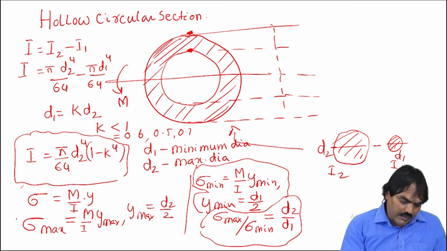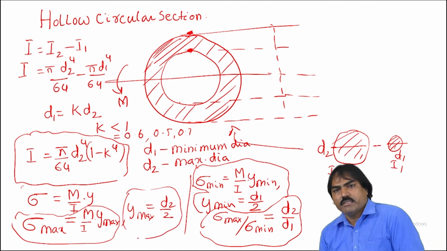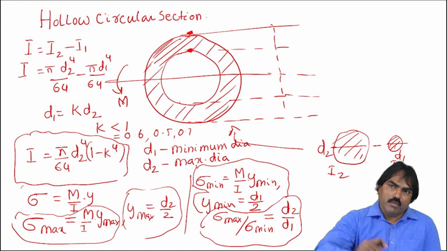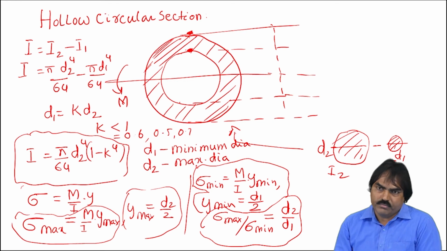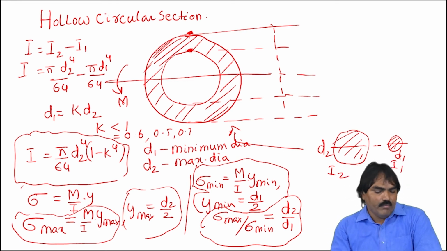This is the equation to find the maximum bending stress. Remember these values so that we can solve the numericals. We can find out the bending stress across the width of the section, across the depth of the section, along the length of the beam.